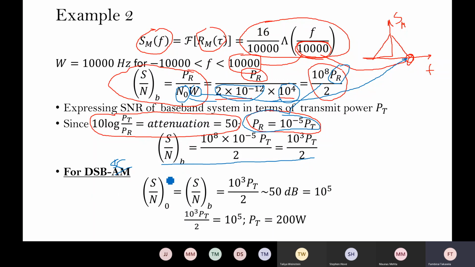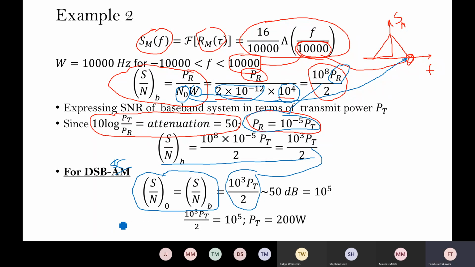For DSB suppressed carrier, we've already derived, and this formula will be provided on your formula sheet, that the signal to noise ratio at the output is equal to the signal to noise ratio baseband, which is simply going to be given by this, which is what we've derived as the signal to noise ratio baseband.